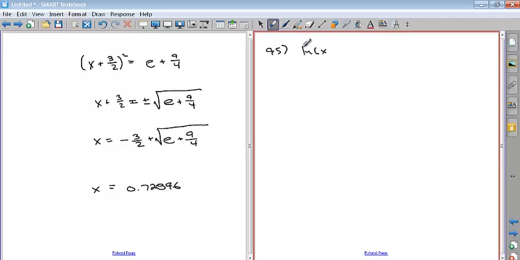The natural log of x plus 5 is equal to the natural log of x minus 1 minus the natural log of x plus 1. Okay, let's move everything to one side.